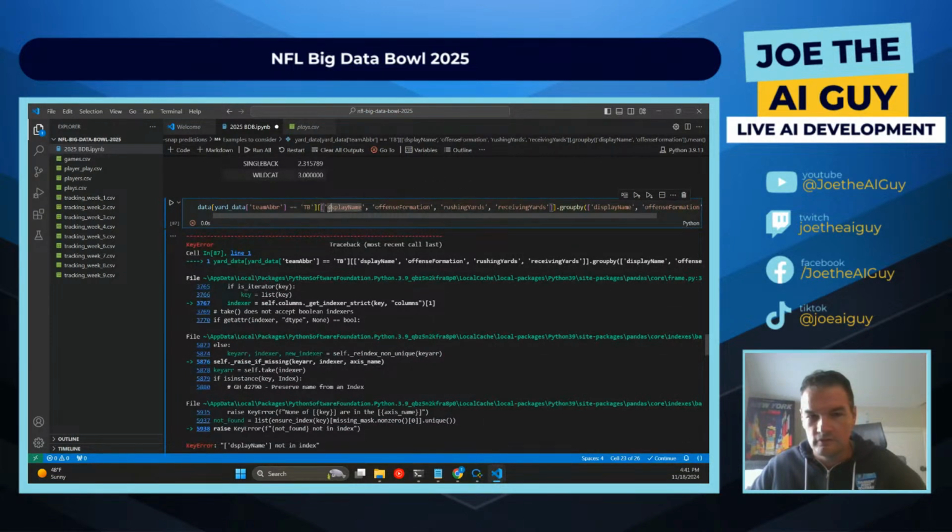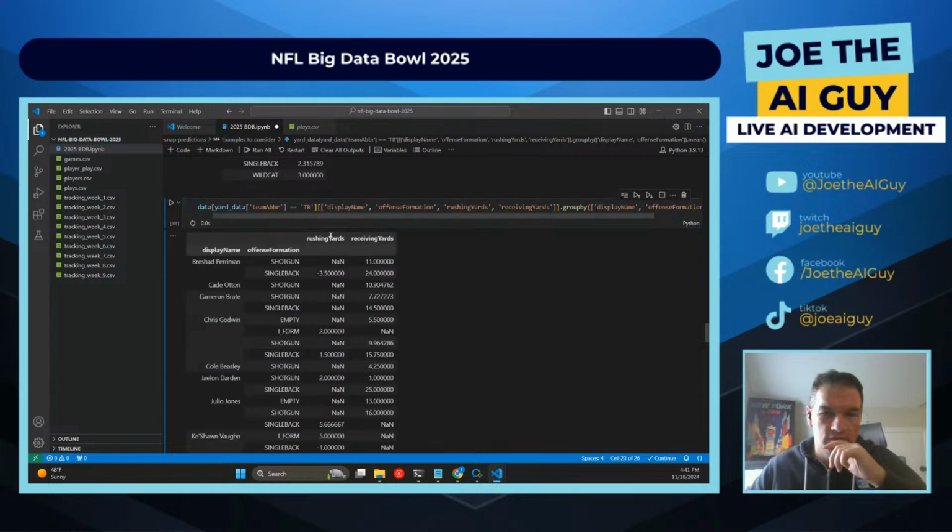Typoed here. And you can start to see, like, this is the average receiving or rushing.